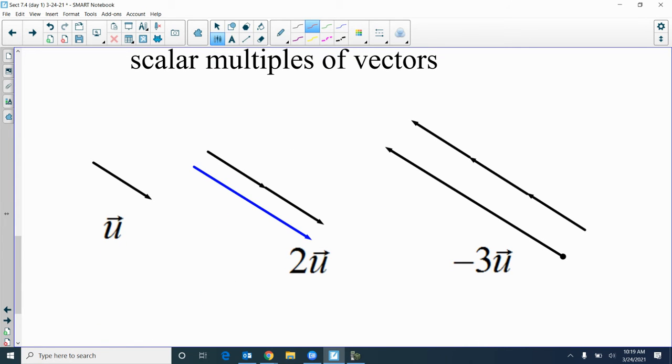So here's U. If you want to think about 2U, you just double its length, same direction. Now you wouldn't draw it with two separate vectors, but that's just giving you a reference. And then negative 3U would have to be going in the opposite direction. It would have to be 3 times as long as your initial U vector.